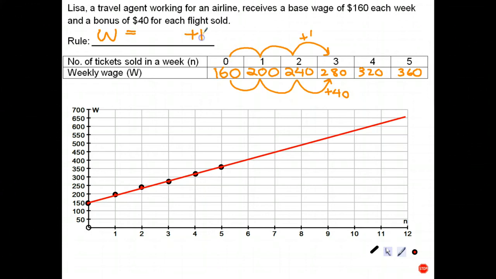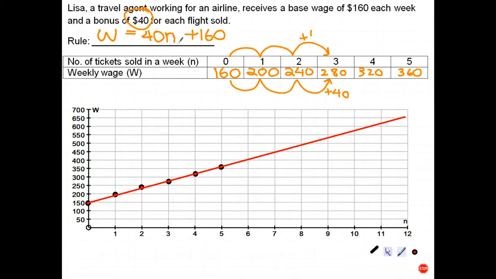So that's the constant. That's like the starting value. Even if she sells no tickets, she earns $160. For each ticket that she sells, her wage goes up by $40. And of course, that comes from there. And it also comes from the fact that these numbers are increasing by 40.